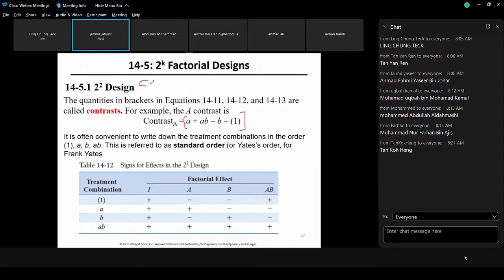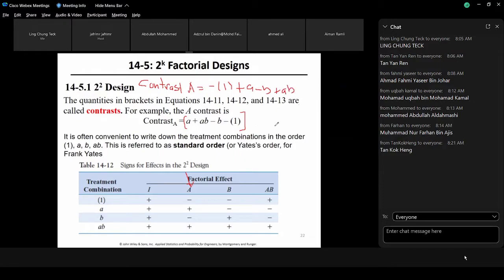Contrast of A equals, look at column A: minus 1, plus A, and then minus B, and then plus AB.